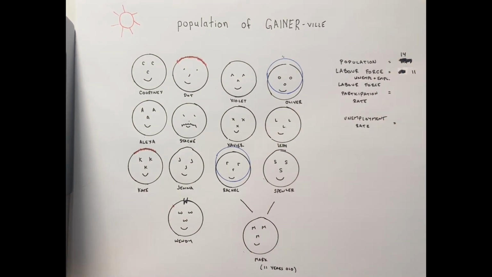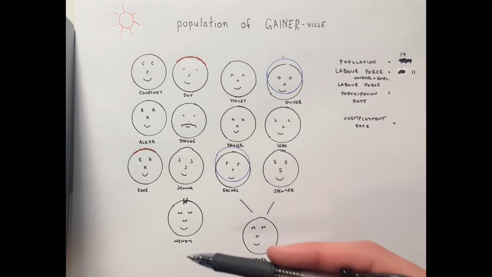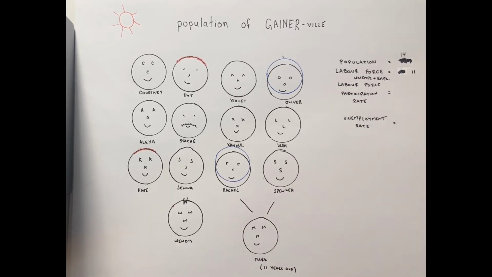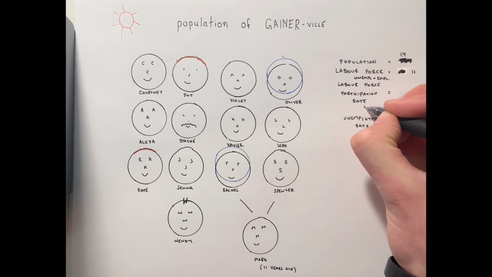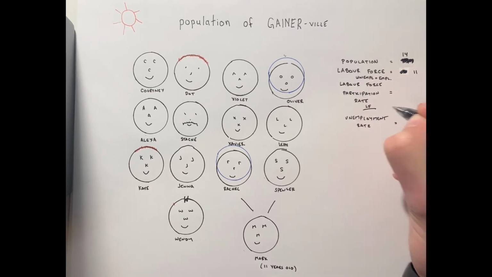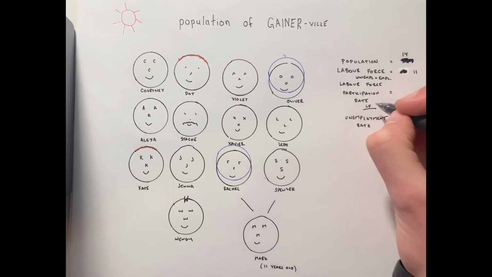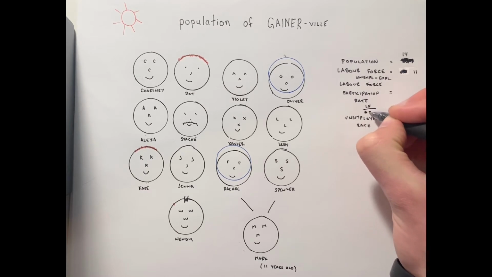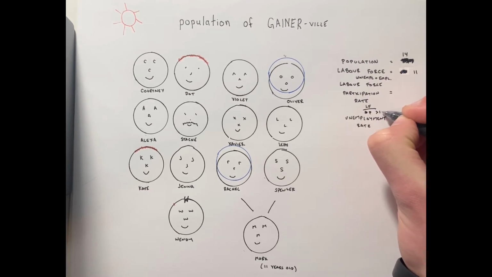And now we have to measure the labor force participation rate. So now this is when we take into account Rachel and Oliver. So this is measured by the labor force, which we just calculated, which is 11, divided by the number of people older than 15.